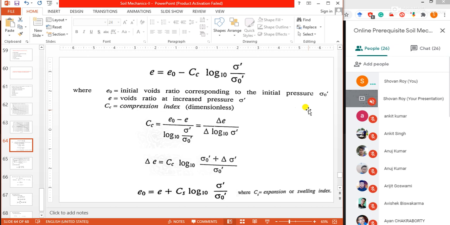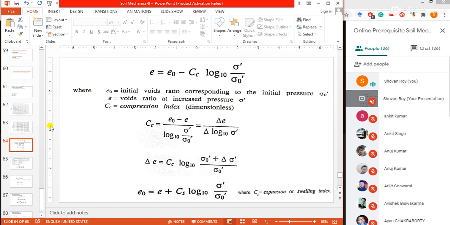Here e0 equals the initial void ratio corresponding to the initial pressure sigma 0 dash. e is the void ratio at increased pressure sigma dash, that is, e means the final void ratio, and this is the final effective stress.